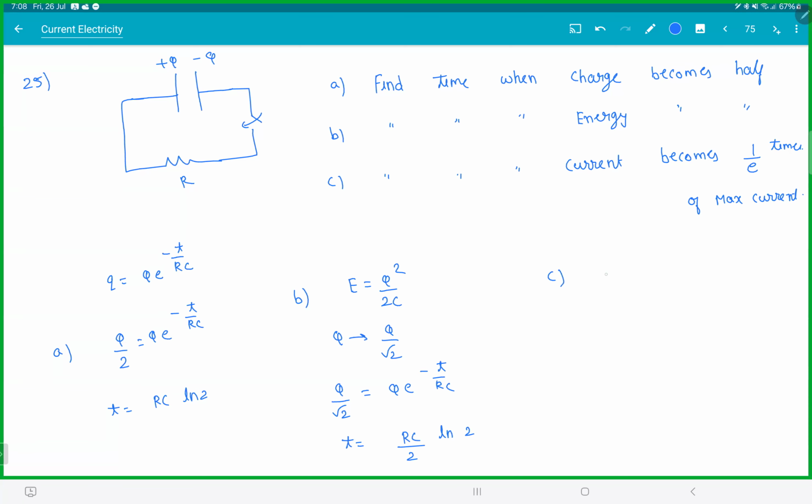Third is what? I is equal to Q0 by RC e power minus t by RC. You're saying the current becomes 1 by e times the maximum, so it becomes 1 by e times Q0 by RC. Basically one time constant.